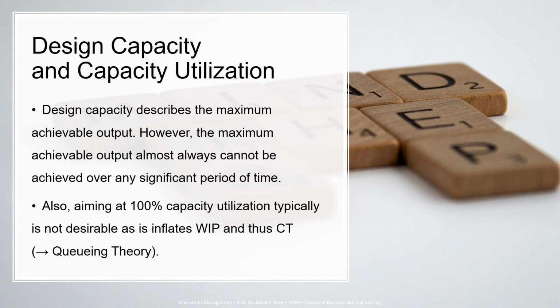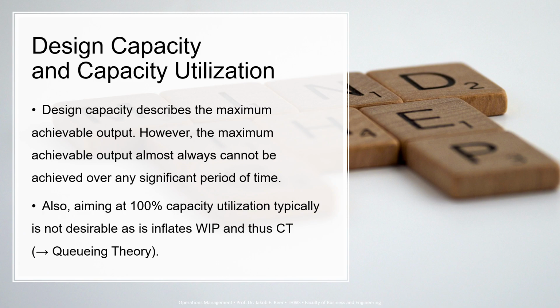And what happens is that the work in progress inventory, basically the queue in front of the resource, the capacity utilization of which we're trying to maximize, the queue in front of that resource is growing. And actually it's growing to infinity as we approach 100%.